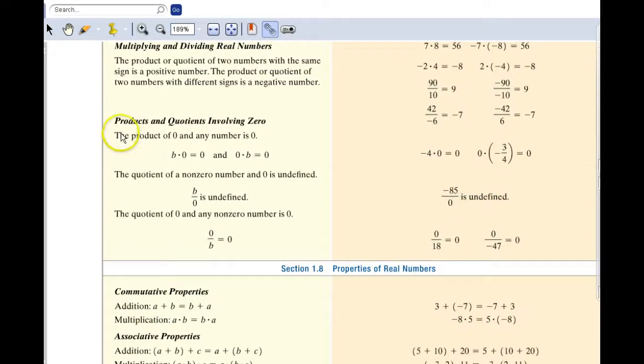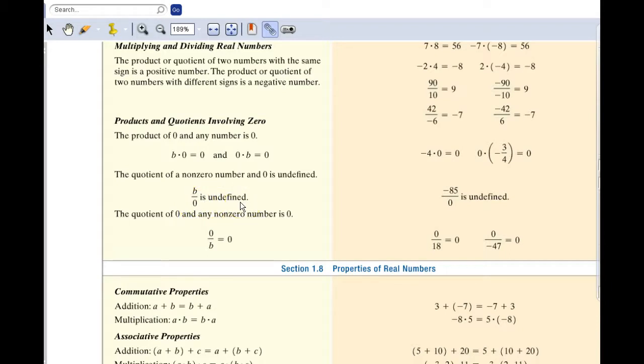Now, another review that you may want to go over here is products and quotients involving 0. Anytime you multiply something by 0, the result is 0. Anytime you divide anything by 0, the result is undefined.